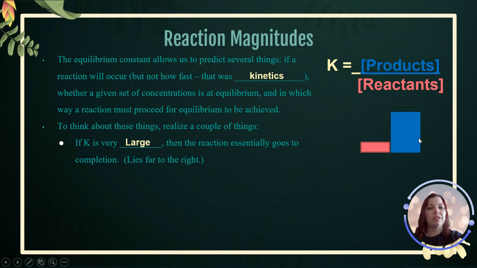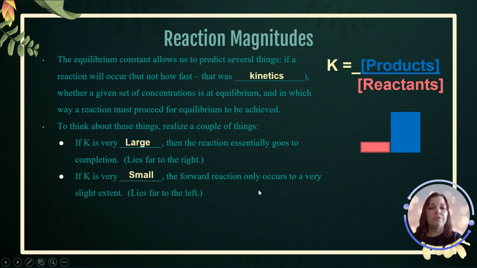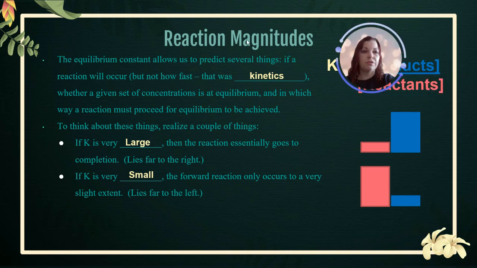And so in that case, we would say way more products and not as many reactants, and that would make your K value large. On the opposite situation, if K is very small, the forward reaction only occurs to a very slight extent, which means it lies far to the left, or in other words, it favors the reactants.